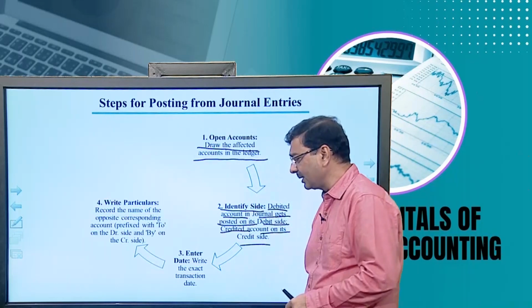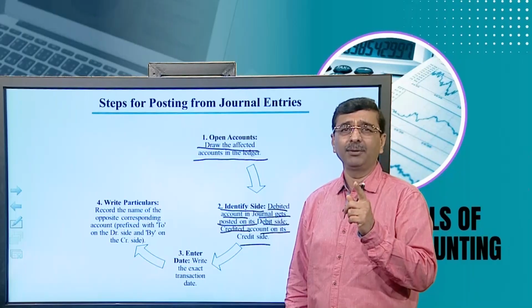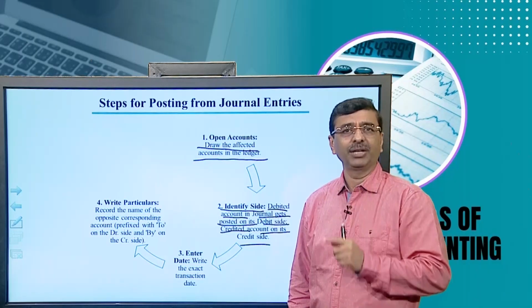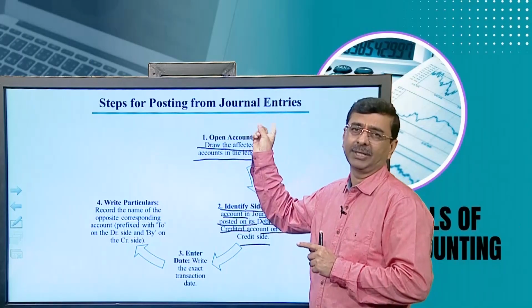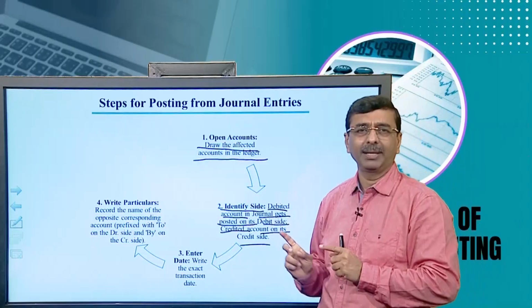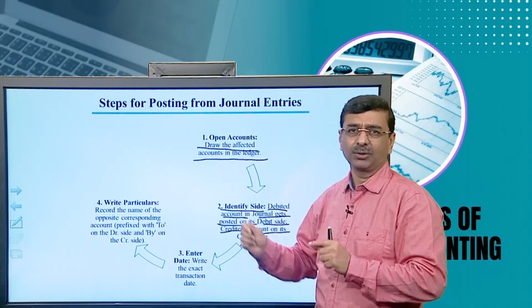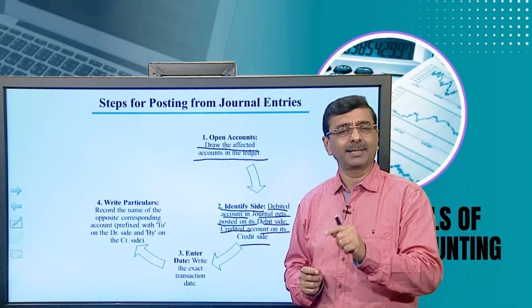Write the exact transaction date, the same date which was written in the journal entry. The journal entry date will be written into the ledger account. So the transaction date is supposed to be written in the ledger book. Suppose the transaction takes place on 1st April 2026.